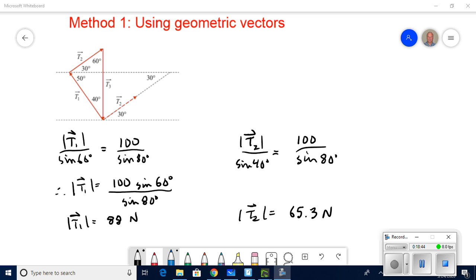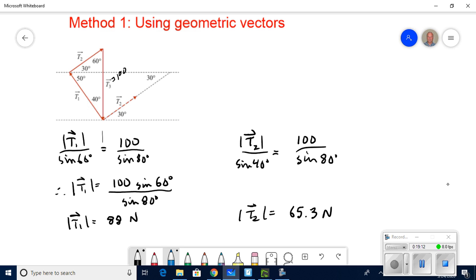The third tension vector counteracts, is equal to 100, because it counteracts the force going down by gravity. That's this one that we've got here on this diagram. So I'm actually moving two vectors in a lot of ways. I'm moving the tension 2 force vector, and I'm moving the equilibrium vector up here to close off my triangle.